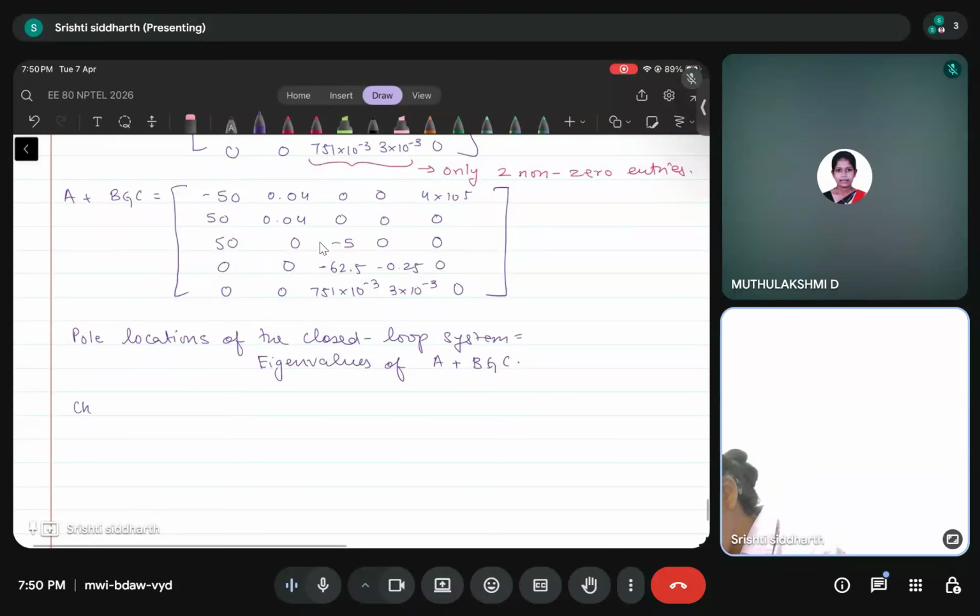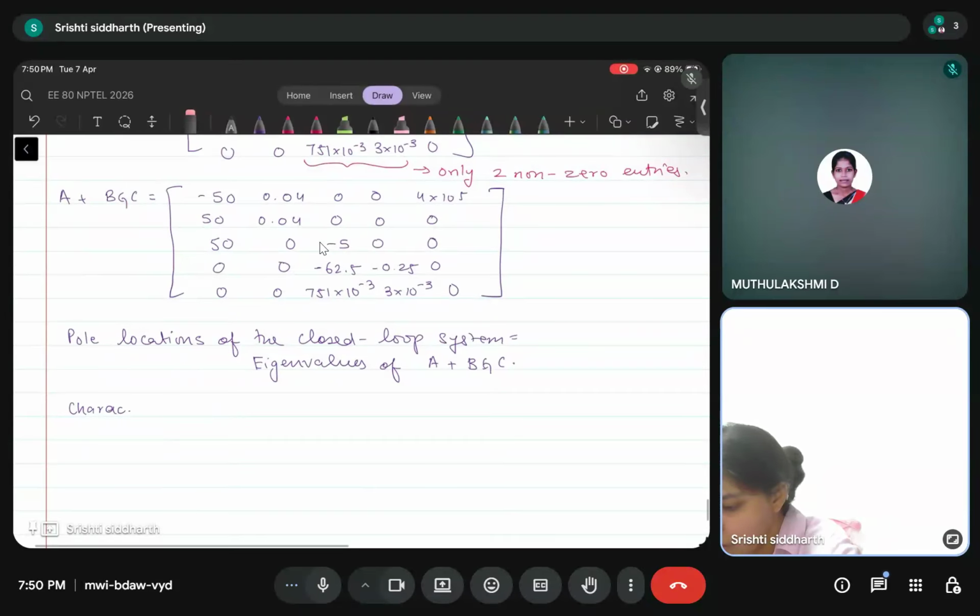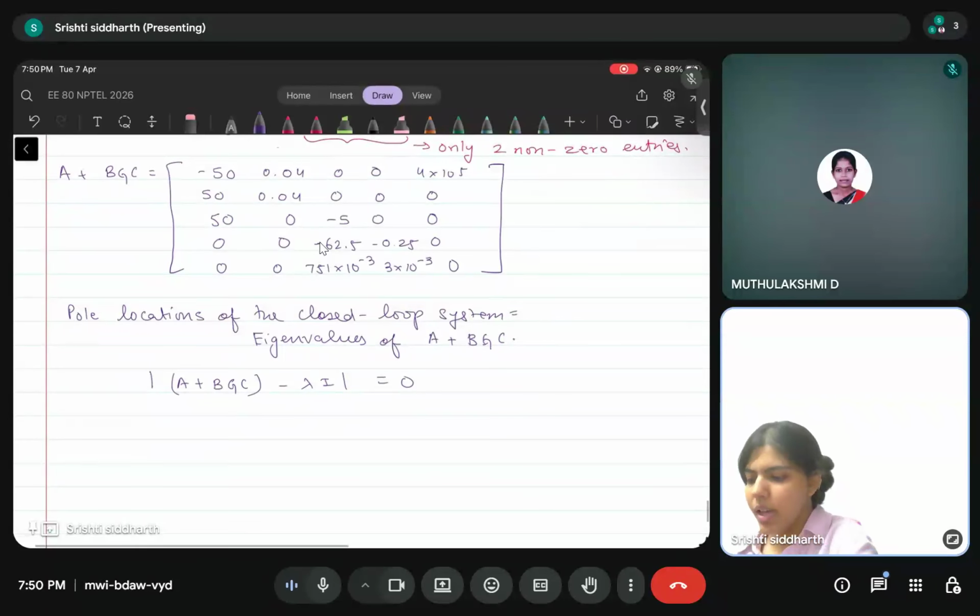So what's the characteristic polynomial? So let's just write this one. This is determinant of A plus BGC minus lambda I equals 0. So we have to solve this characteristic equation.